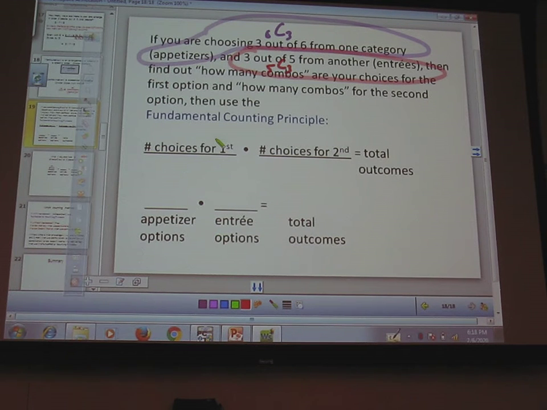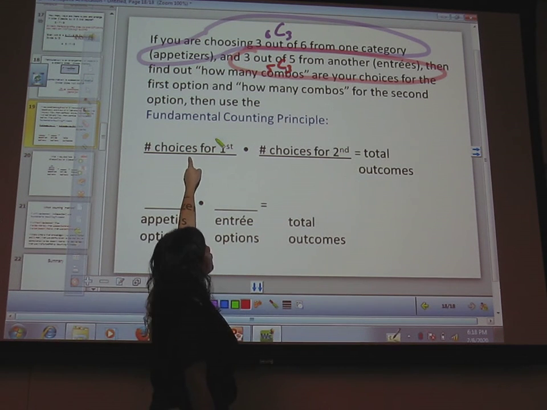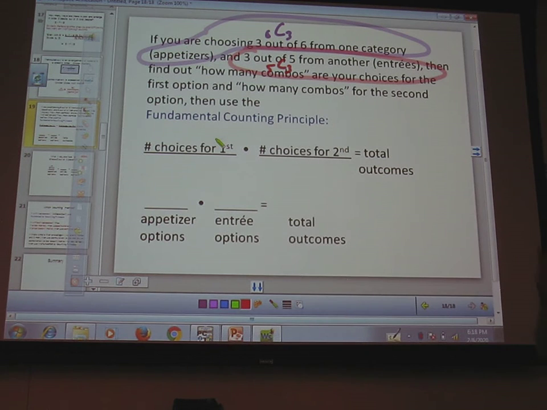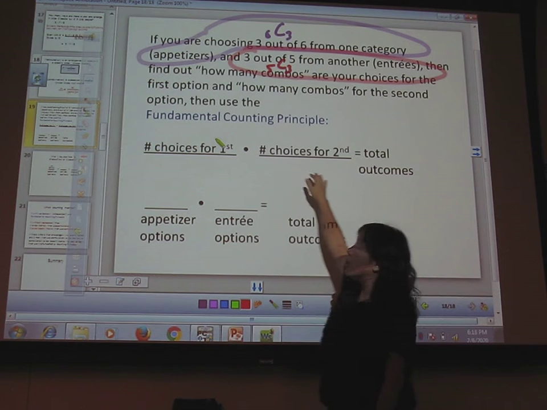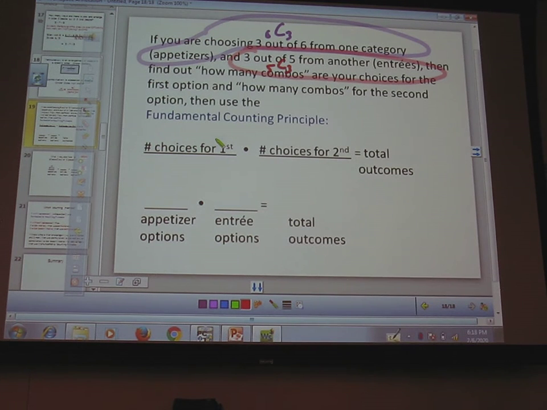But because you need to pick this one, this will tell you how many different appetizer combinations you have. And this tells you how many entree combinations you have. But for every appetizer combination you have, you get all the different possible entree combinations.